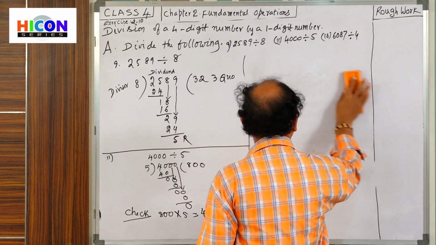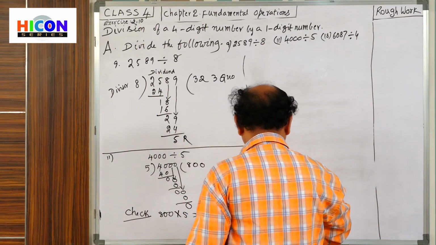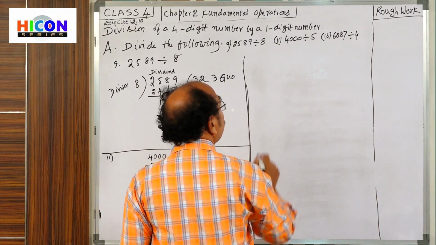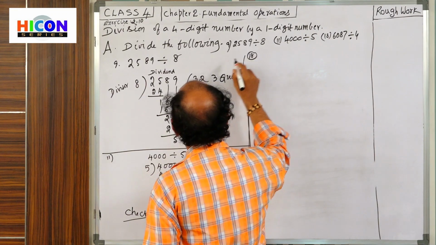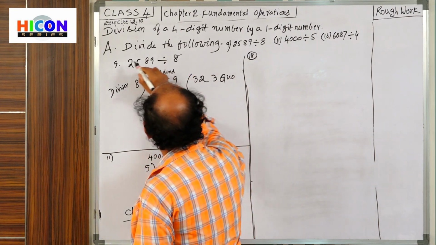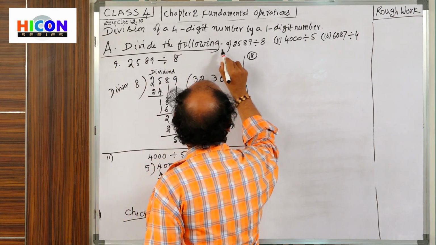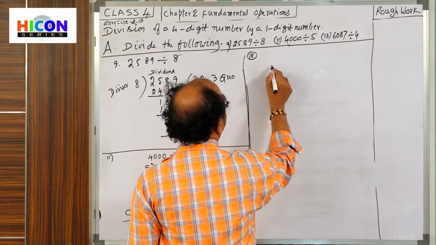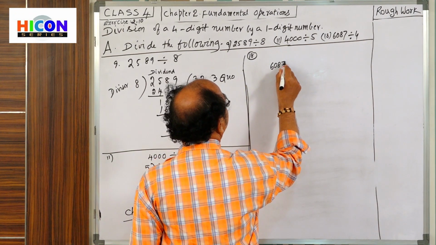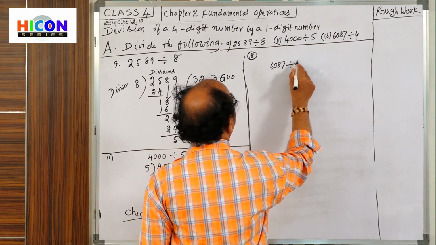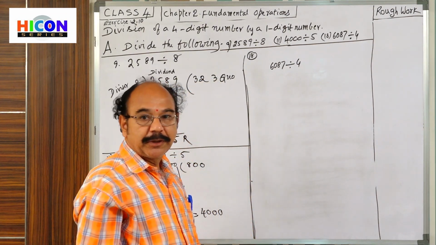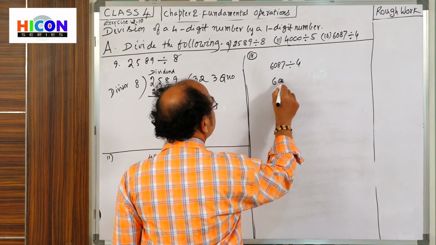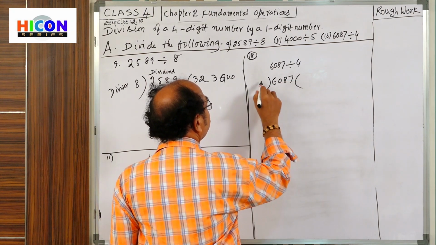In this question, what is it? 6087 divided by 4. 6087, right, divided by 4.